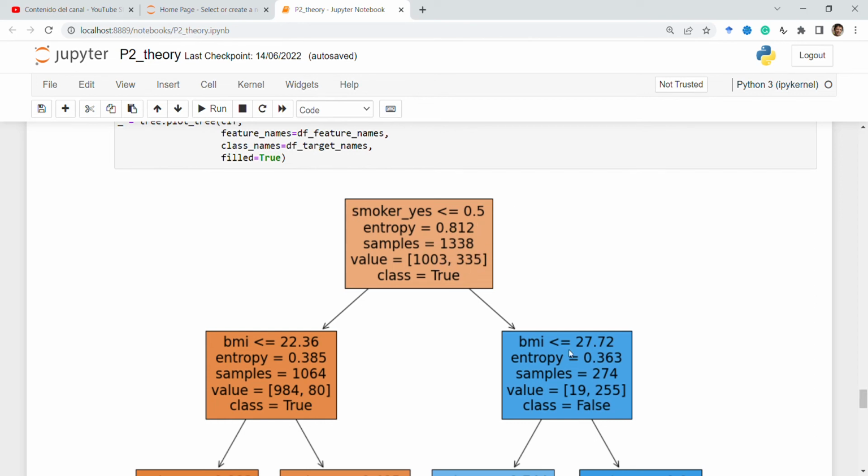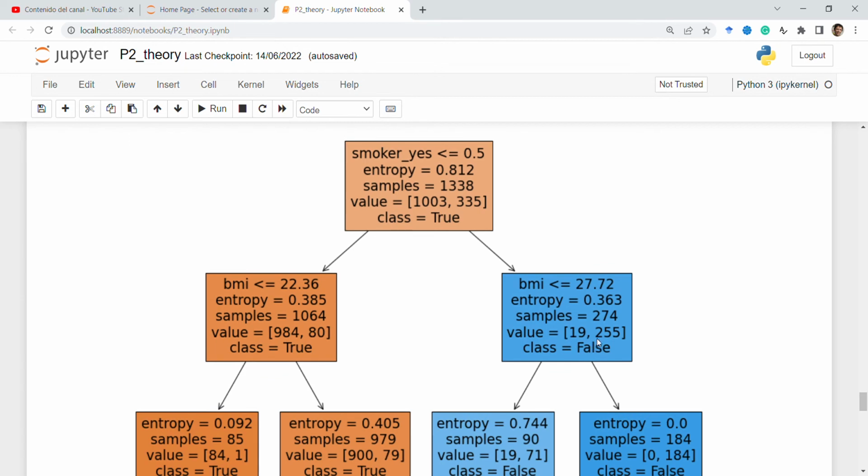If you smoke, we see that it is much more homogeneous, so the entropy has dropped quite a lot, and most of the people will be in the upper quarter.